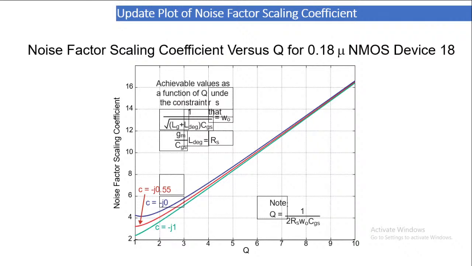But when Q is small, at around 1 or below, there is a small difference between them that you can see. So as you keep on increasing the Q value, they start merging, but initially there is a small difference. Although there is a small difference, each curve has a dip.